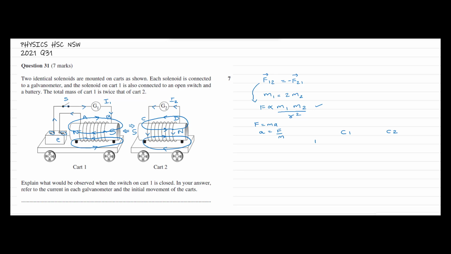As far as the force experienced is concerned, it is the same magnitude F, and acceleration is F divided by m1, and this is F divided by m2, and m1 is given as twice m2.